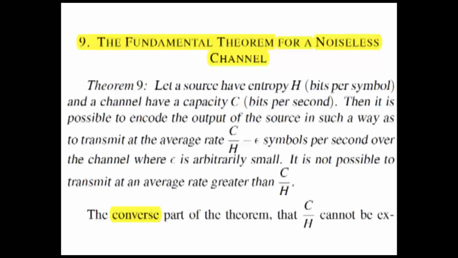In terms of compressed symbols relative to source symbols, so now this is source symbols relative to compressed symbols. So we can do it if it's less than C divided by H. We cannot do it if it's greater.